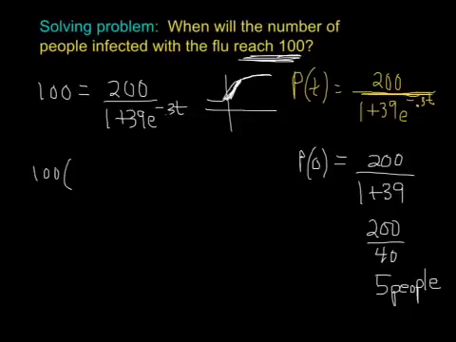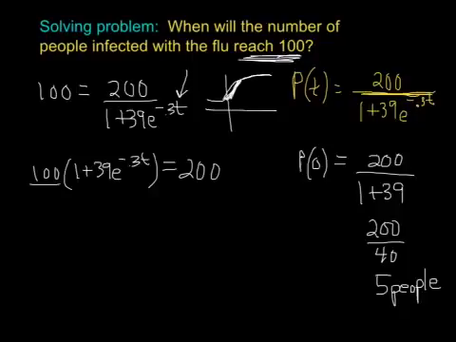So my first step in solving for time here, the question when will be answered with a time number, I'm going to start by multiplying both sides of the equation by that denominator. Now we're equal to 200. You may distribute if you see that, make sense of that. Otherwise you can simply divide here by 100 on both sides.